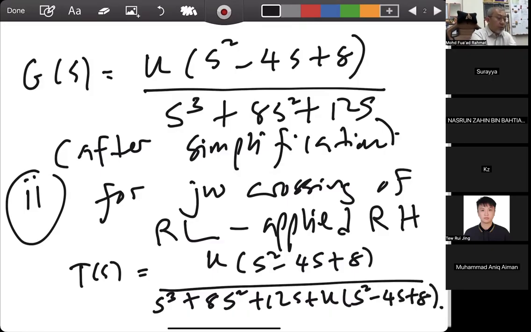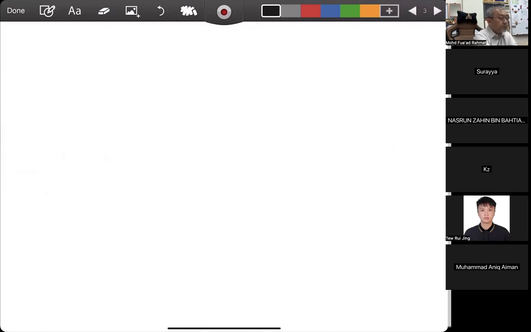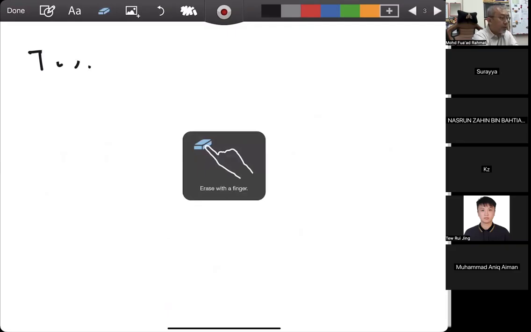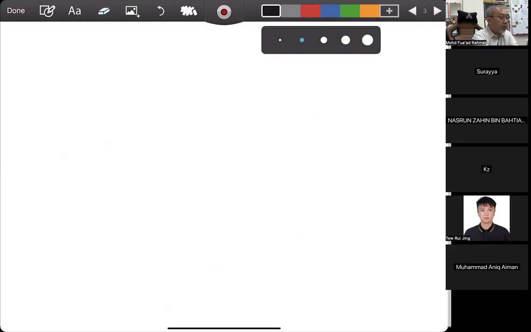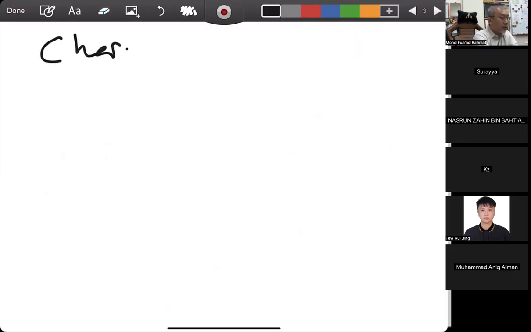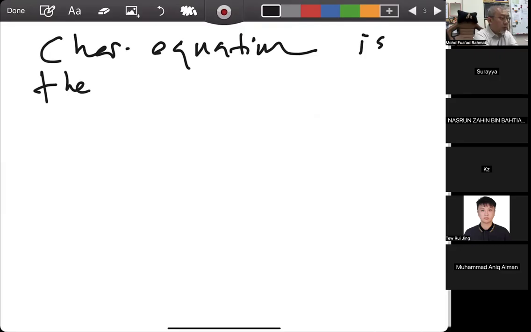Okay. So when you simplify, sorry, the characteristic equation is the denominator of T(s).